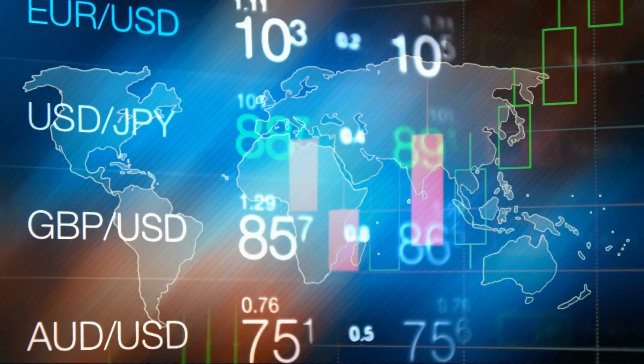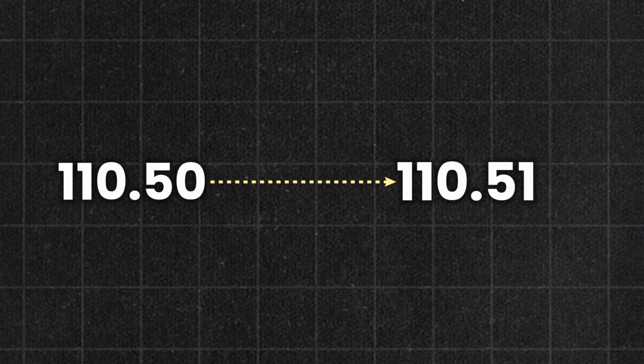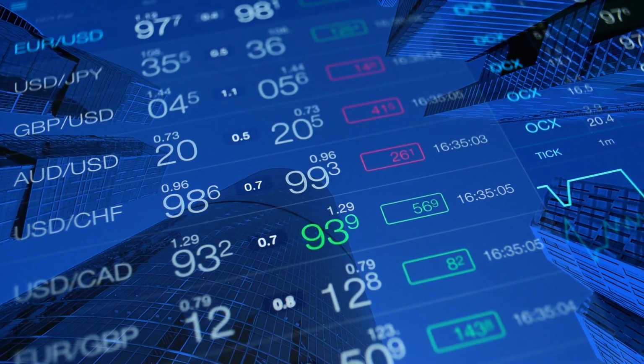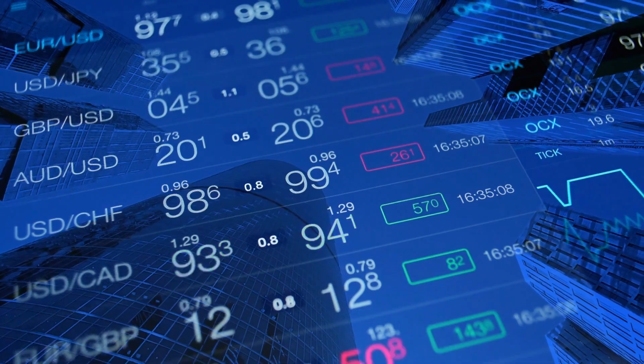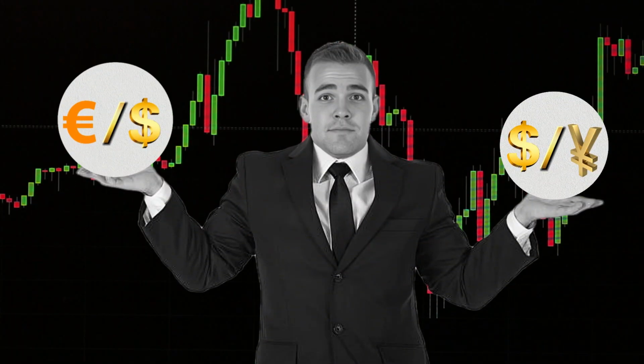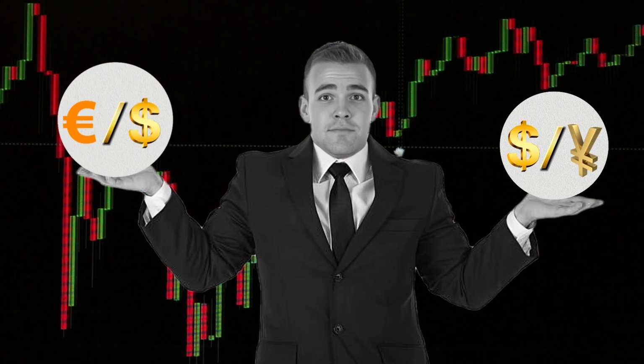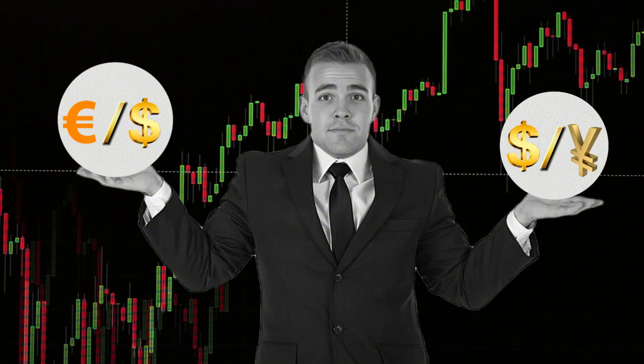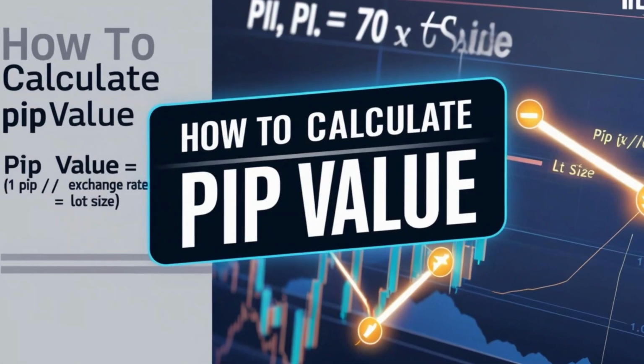So, if USD/JPY moves from 150.00 to 150.01, that's a 1 pip move. Why does this matter? Well, the amount a pip is worth depends on the currency pair you're trading. For most pairs, it's calculated to the 4th decimal place. But for yen pairs, it's calculated to the 2nd decimal place.